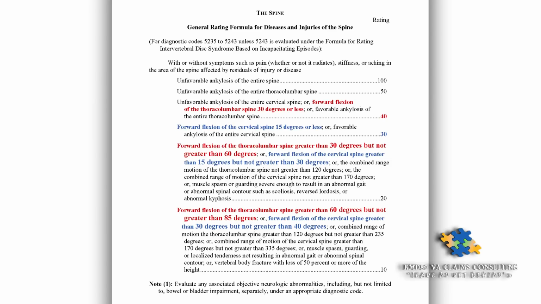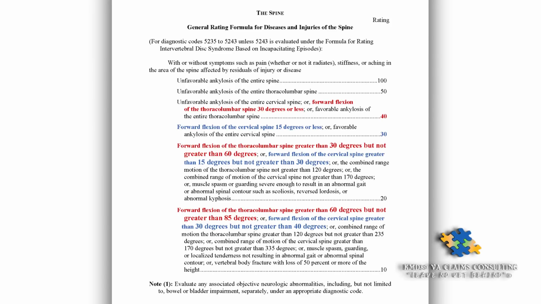Now, how do you read the diagnostic code? Okay, so here, let's just start at the top, 40. Well, we'll start at the bottom, 10%. What I have highlighted in red is for the thoracolumbar spine, the back, to include upper, mid, and lower. What I have highlighted in blue is for the neck.